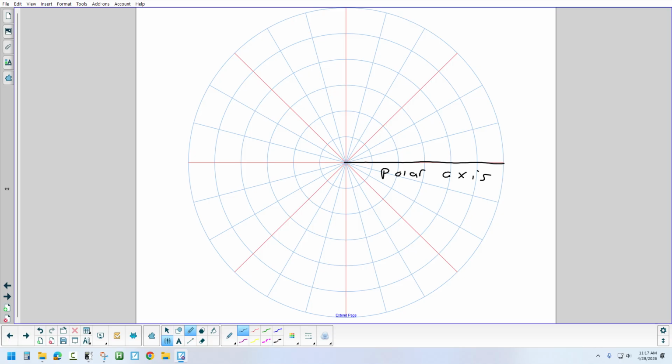Everything is going to be measured generally from that line right there. This point in the middle, what do you think we call that? You can call it the origin, or in polar, you can also just call it the pole.